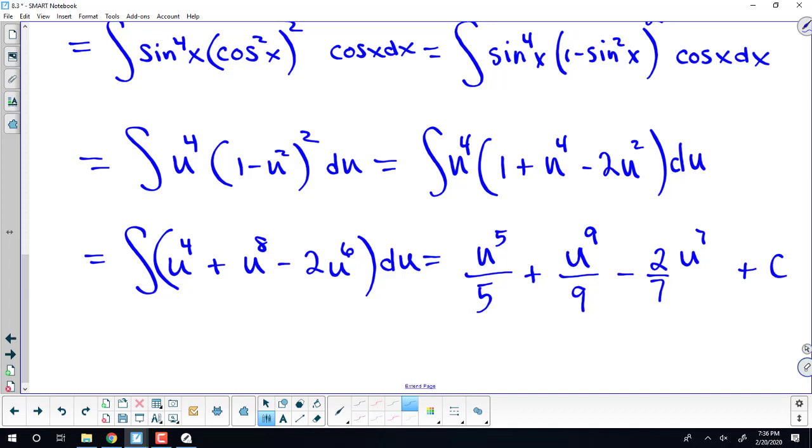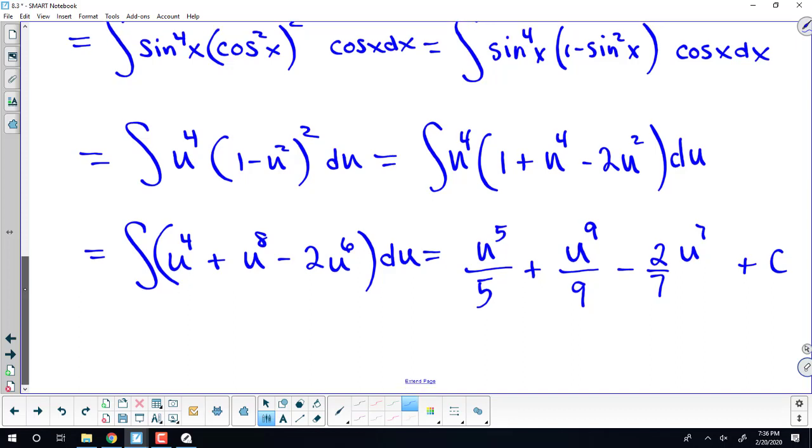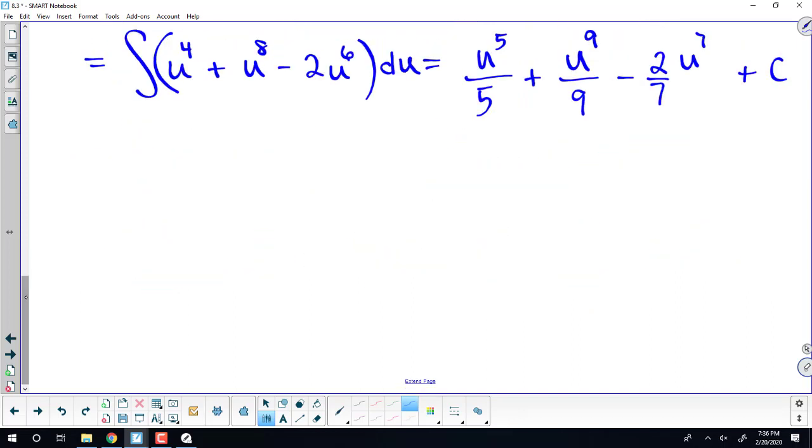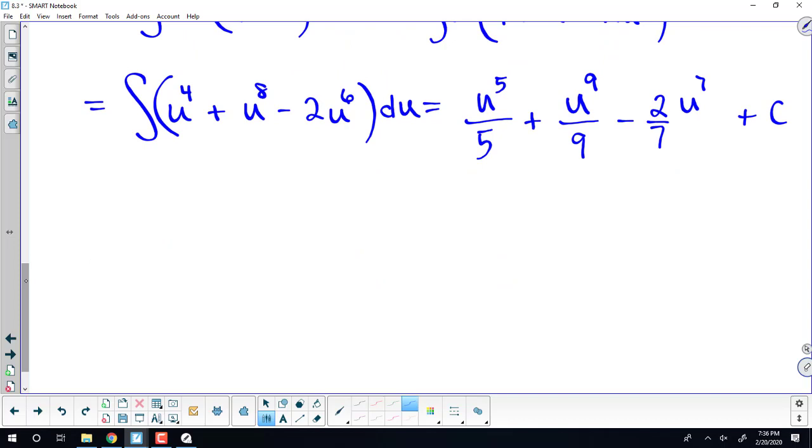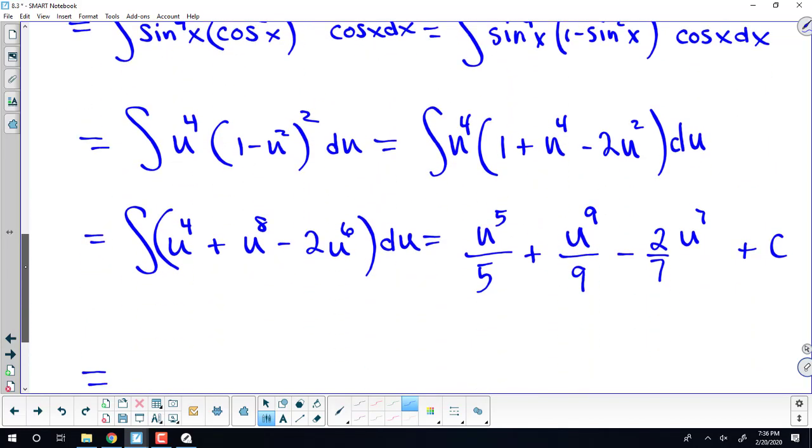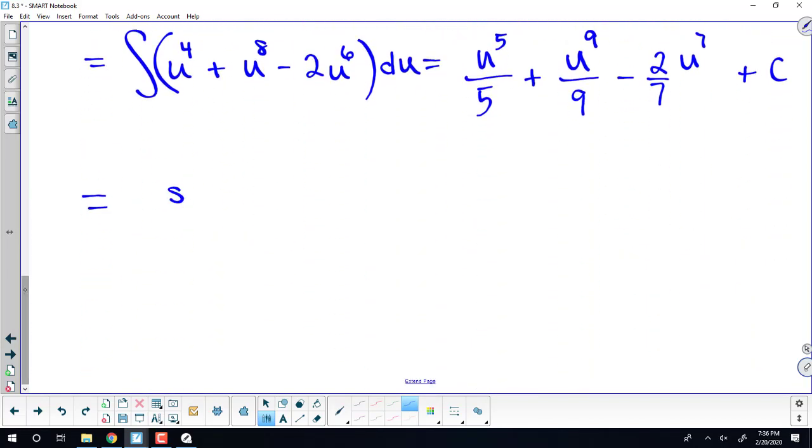So really, that's what we're looking for. The even powers of sines and cosines we don't really look at because it involves reduction formulas and you're not required to remember those. So, what is it? Yeah, u is sine. Resubstitute u for sine.